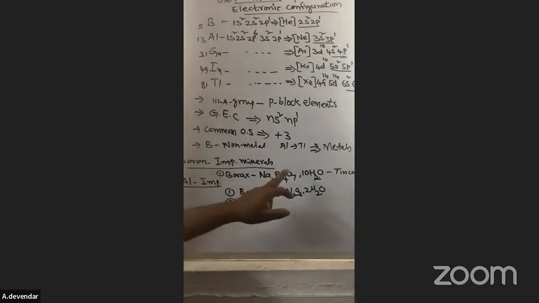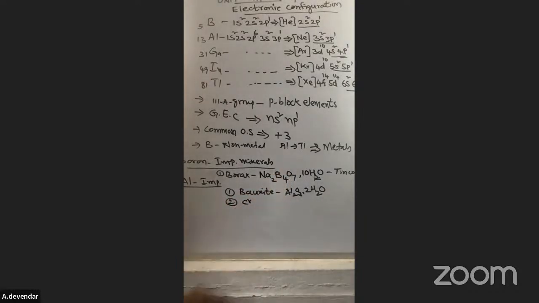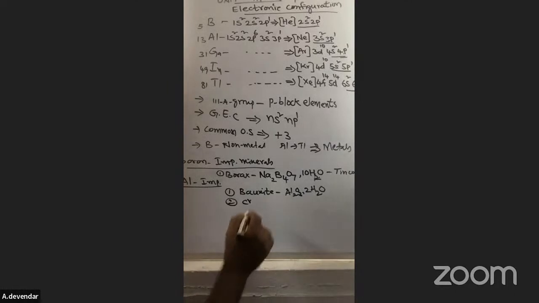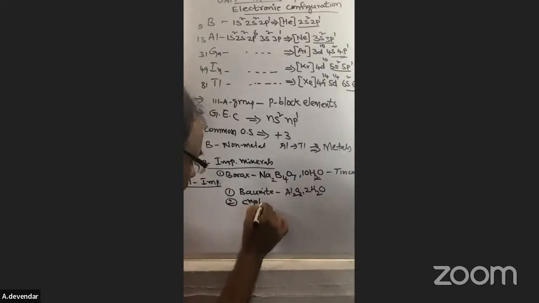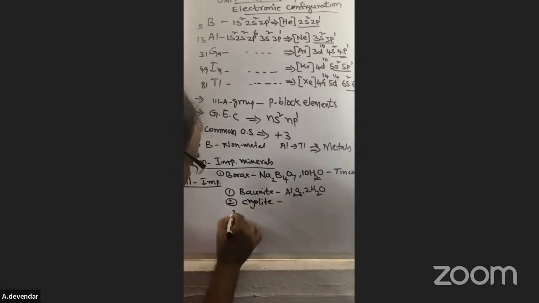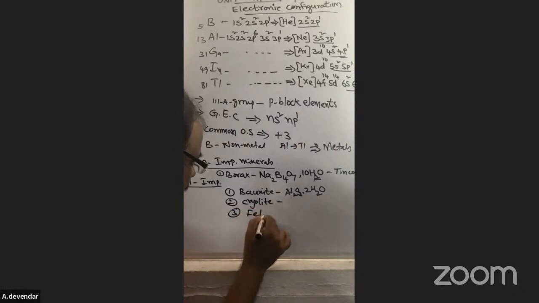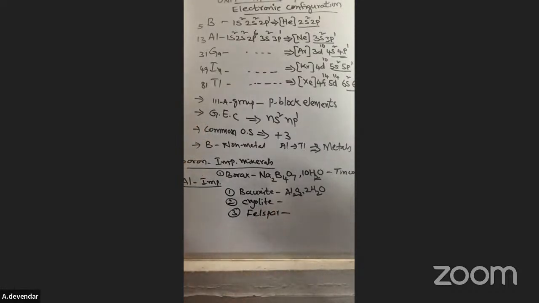We have to remember all the minerals compulsorily with their formulas. Formulas are very important here. So these are cryolite, and the third one is feldspar. Cryolite is a sodium aluminum fluoride, that is Na3AlF6.